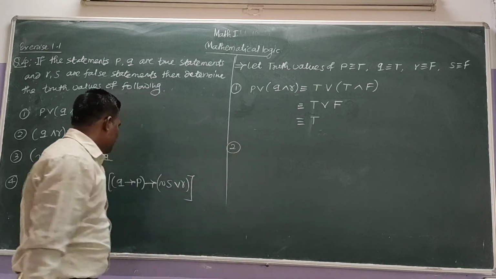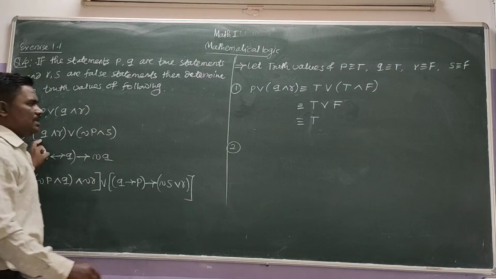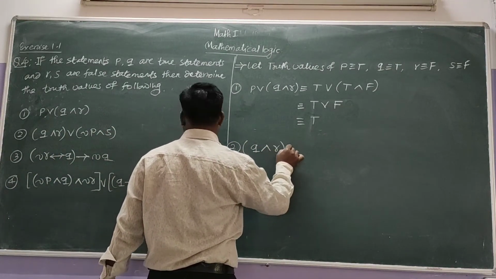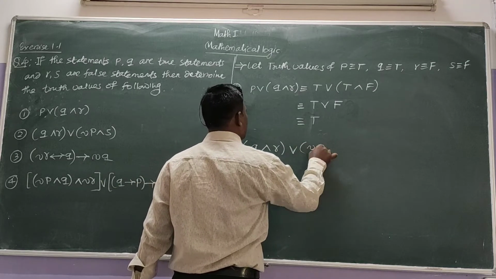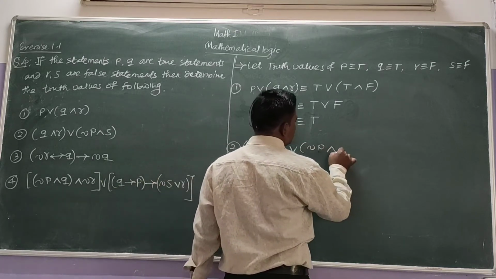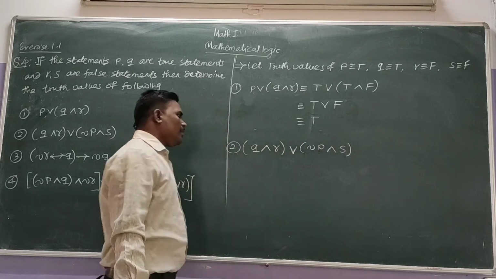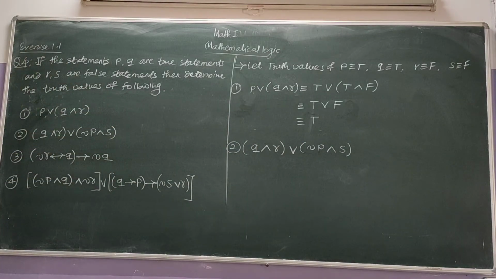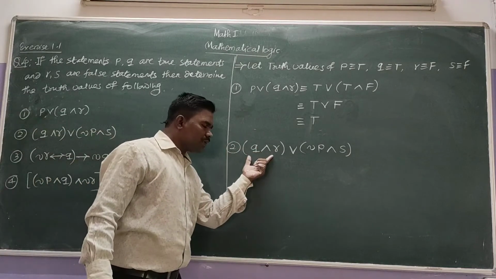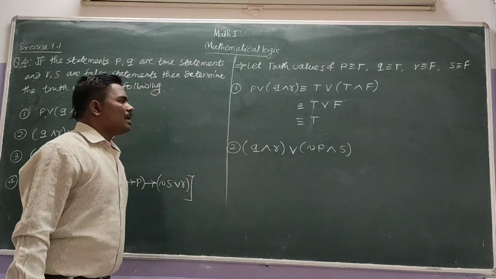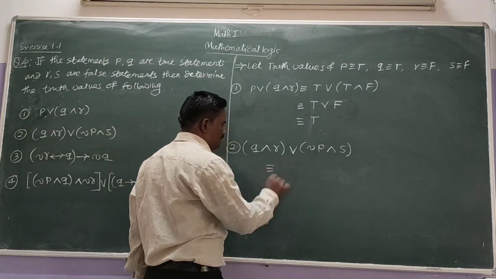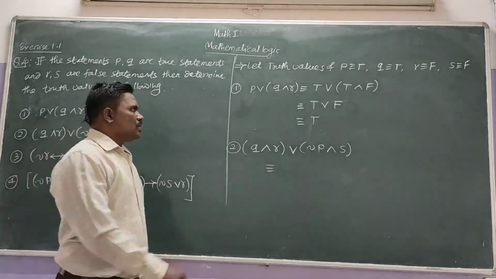Second example: in bracket Q conjunction R, disjunction, negation of P conjunction S. We know all the truth values of P, Q, R and S, so simply put the truth values in this compound statement.